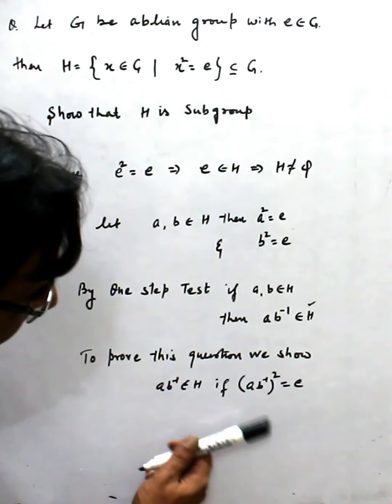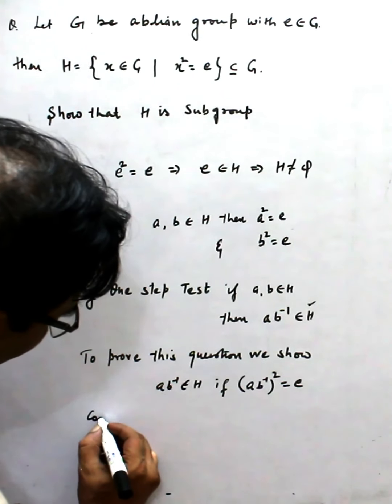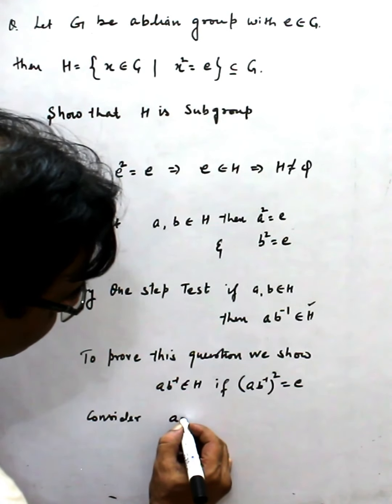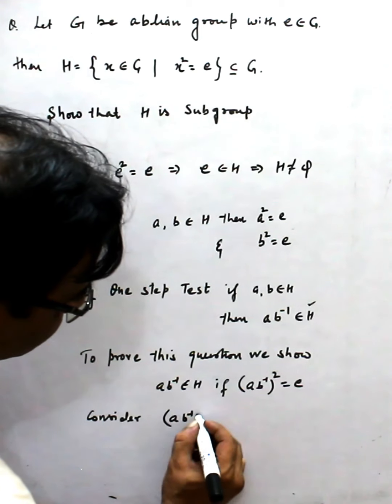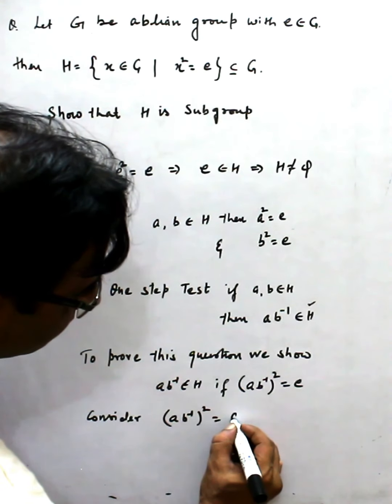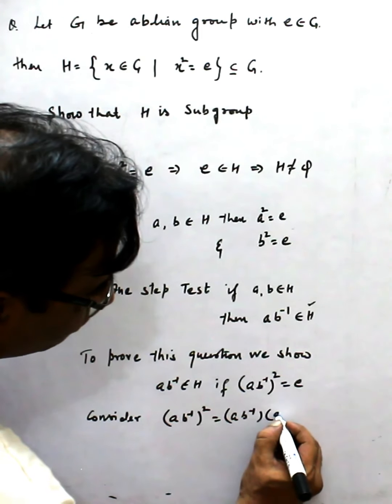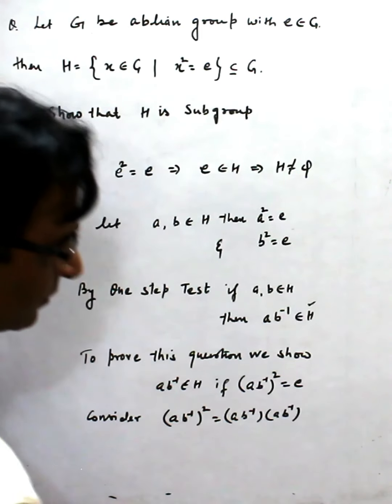That means now consider ab inverse whole square, this is equal to ab inverse into ab inverse.